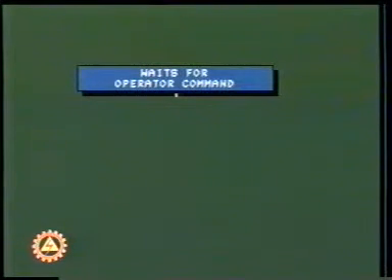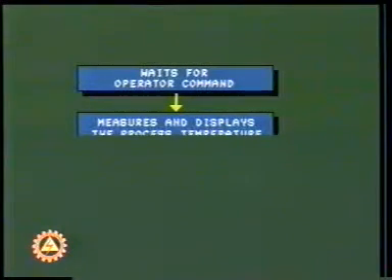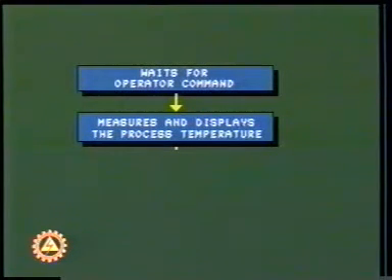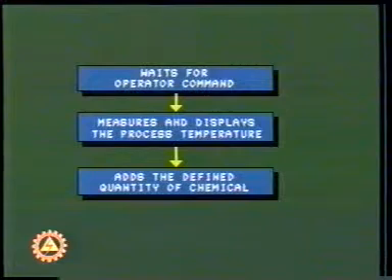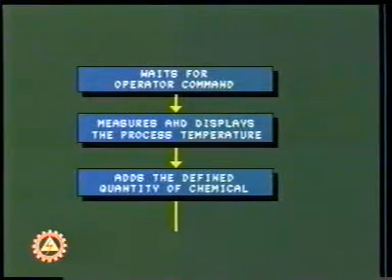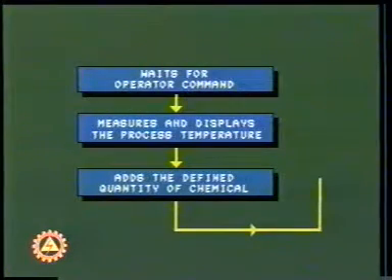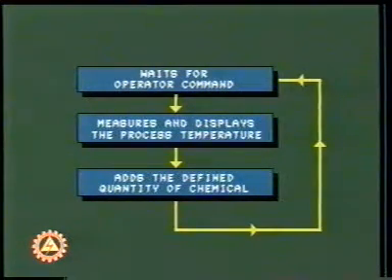On receiving the appropriate command, it measures the temperature of the process, displays the temperature and finally adds the defined quantity of chemical with respect to temperature. On completion of these tasks, the system is again ready to receive and process the next command, if any, generated by the operator.